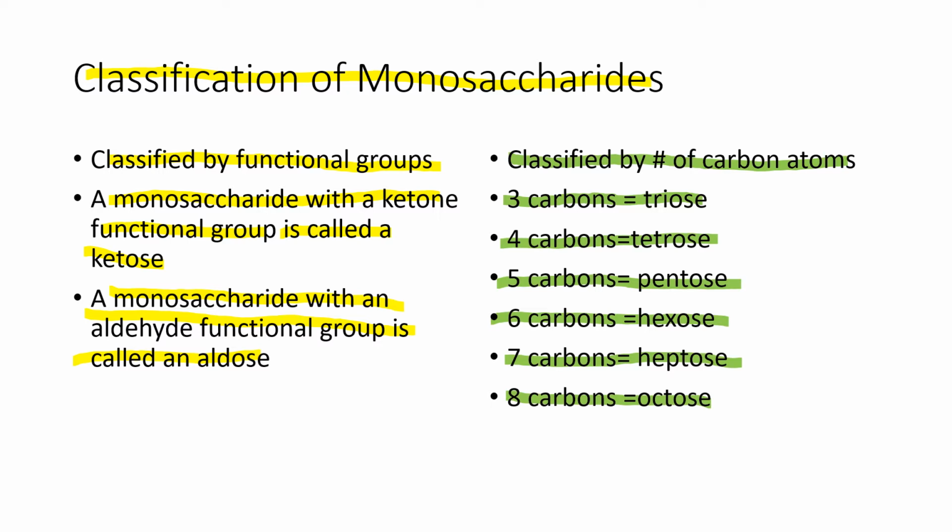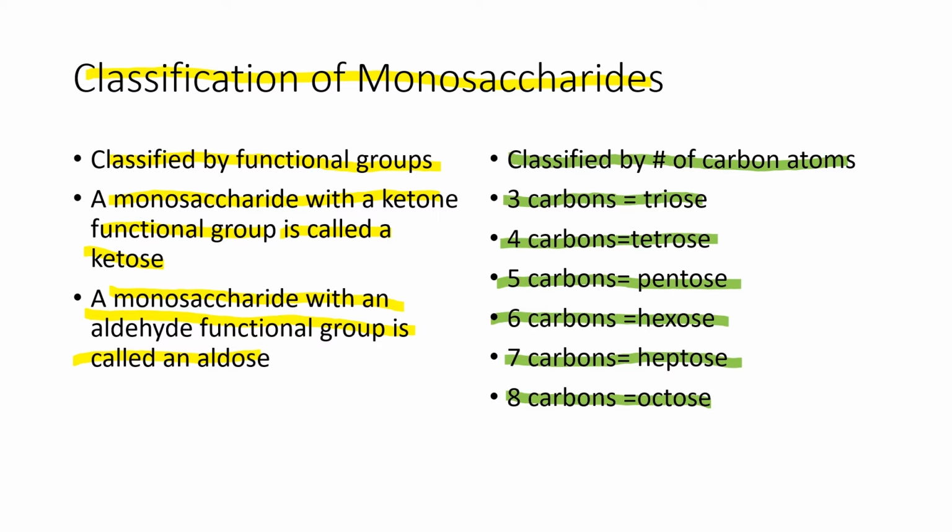You can see those prefixes should be familiar to you. You've seen these before in other sorts of classification and nomenclature. So we can look at functional groups and we can also look at the number of carbons.